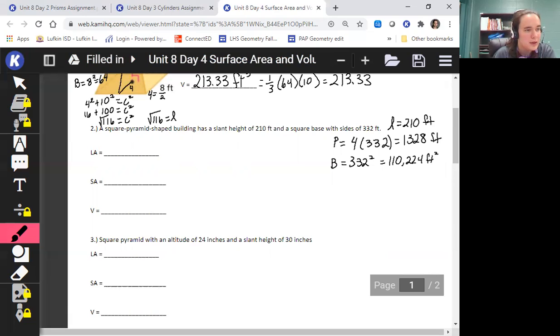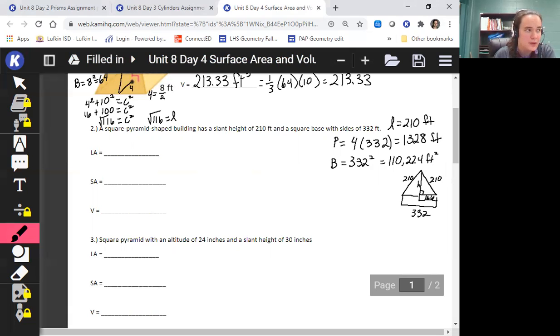And then we need to find our height. So remember, we've got our slant height, and that's 210. And we've got our side is 332, but we only need half of our side to use Pythagorean theorem. So half of 332 is 166. And we need to find our height.